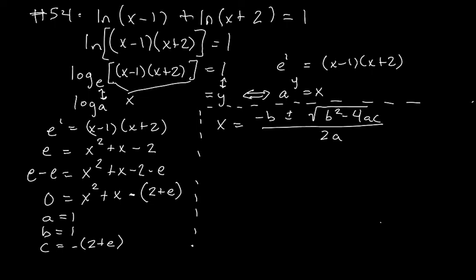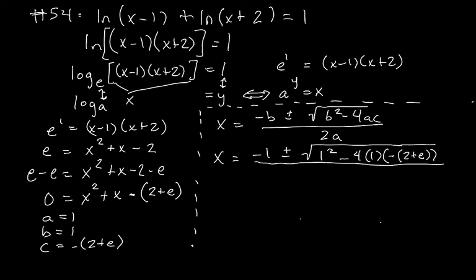We say, okay, x equals negative 1 plus or minus the square root of 1 squared minus 4 times 1 times negative 2 plus e, all over 2 times 1.